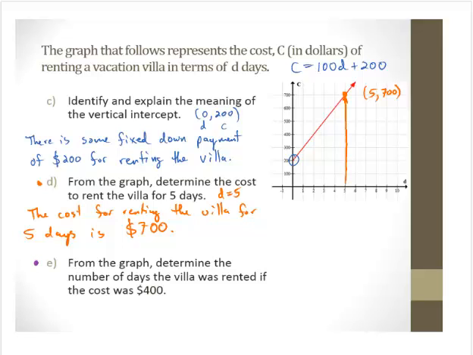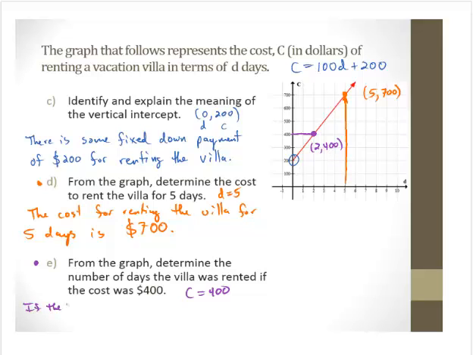And exercise E asks us, again from the graph, determine the number of days the villa was rented if the cost was $400. So now we want C to equal 400. So go to where C is equal to 400 and move to the line and find the corresponding point. And so that point is 2, 400.